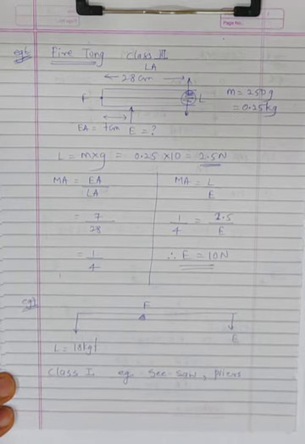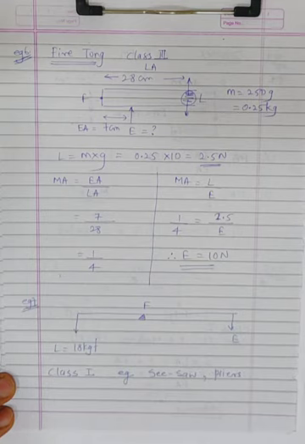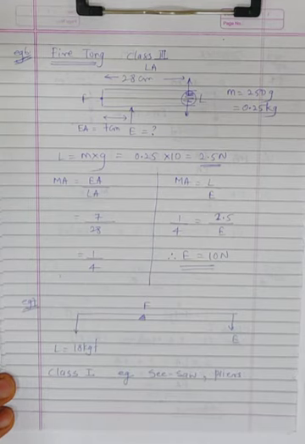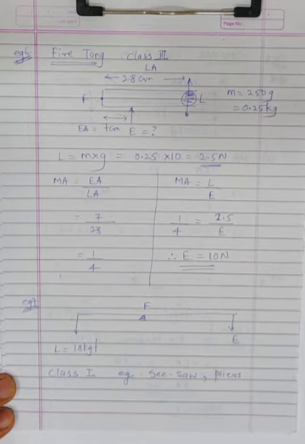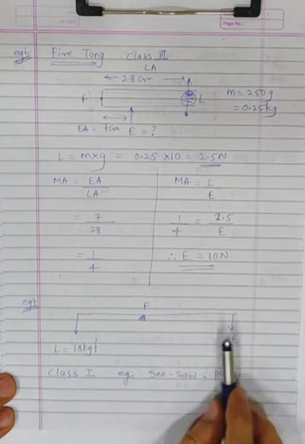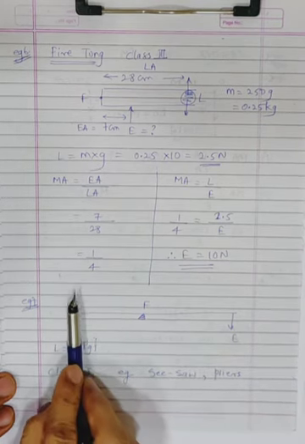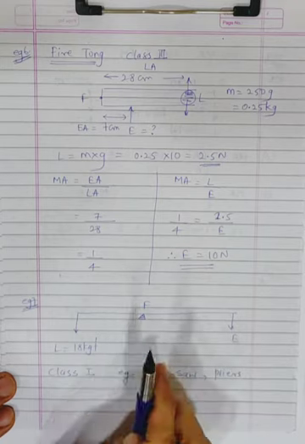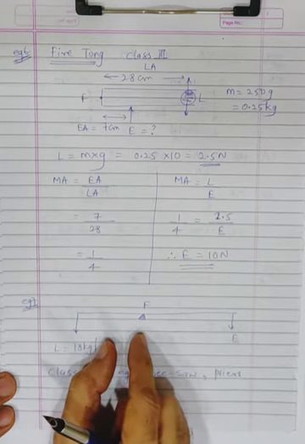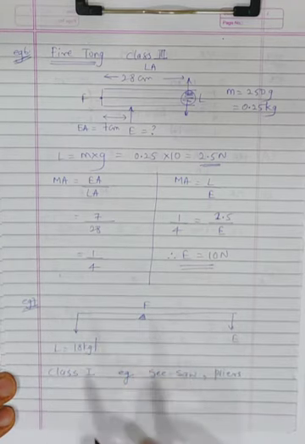The next one now, they're asking us how will the mechanical advantage of the lever change if load is shifted towards the fulcrum. Now we are not doing any changes except that we are moving the load towards the fulcrum. When you move the load towards the fulcrum, the load arm is decreasing, correct? The load arm will decrease.